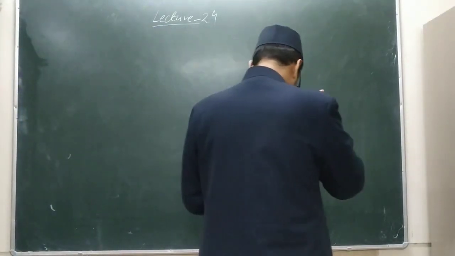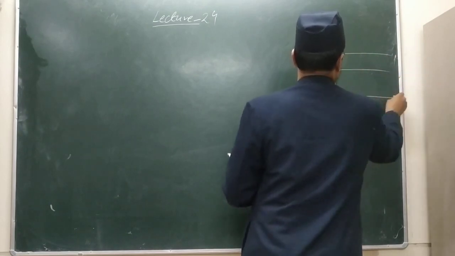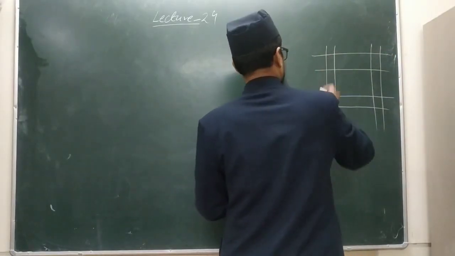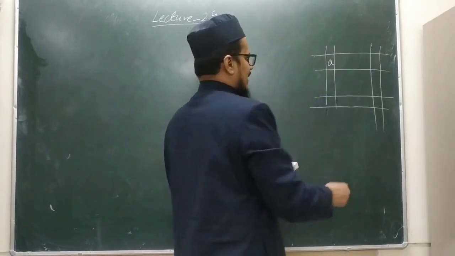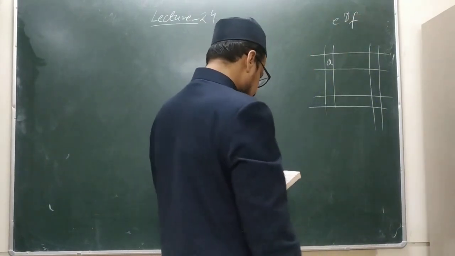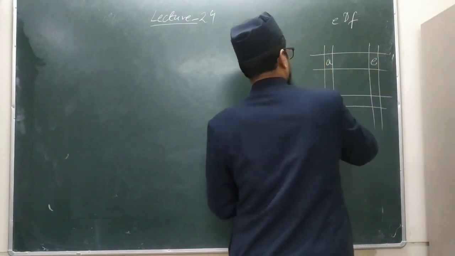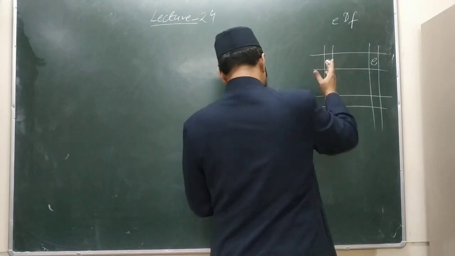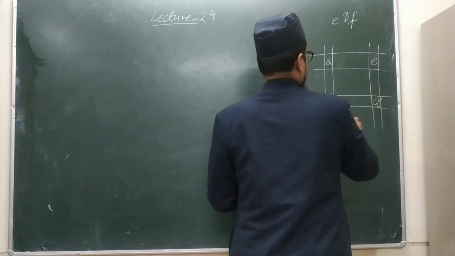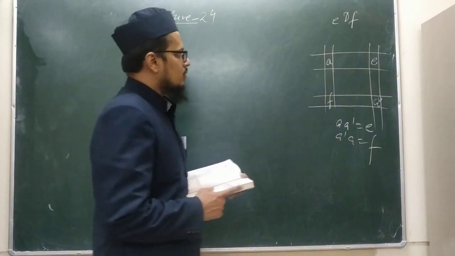The result is that in a D class, if E and F, two idempotents, are D-related to each other, then there is an element A in S, and there exists an inverse of A, A dash, such that A A dash is equal to E and A dash A is equal to F. Correct?